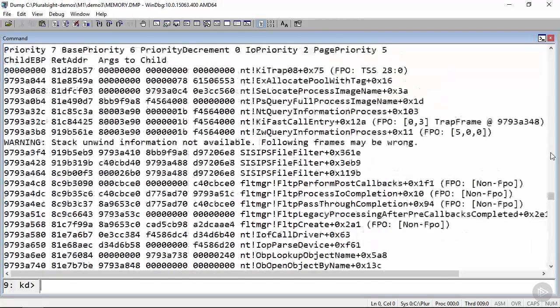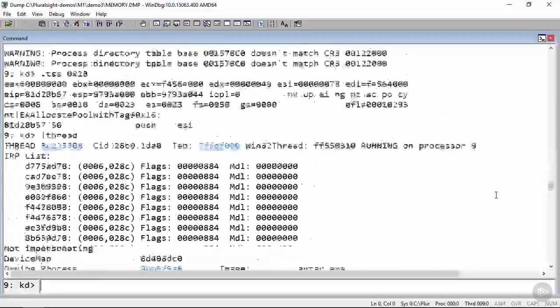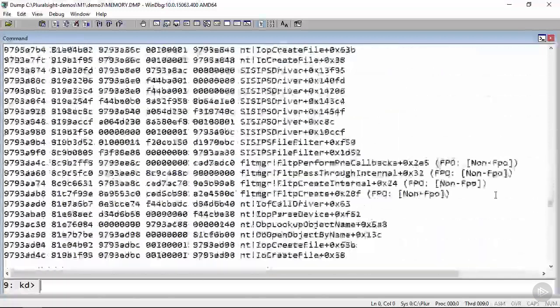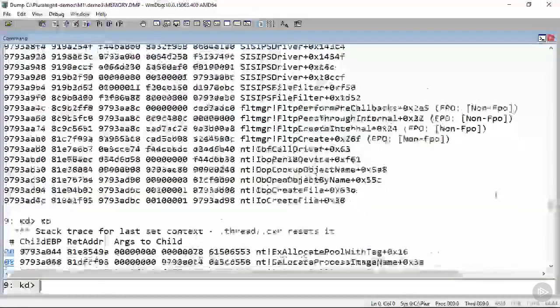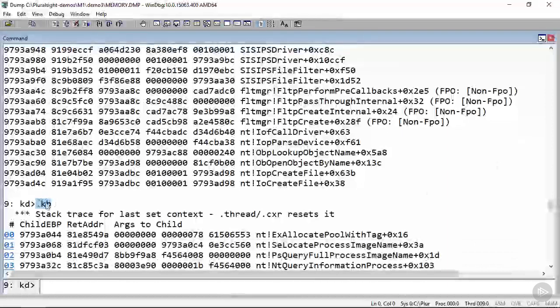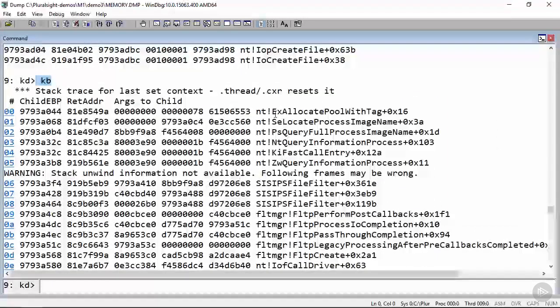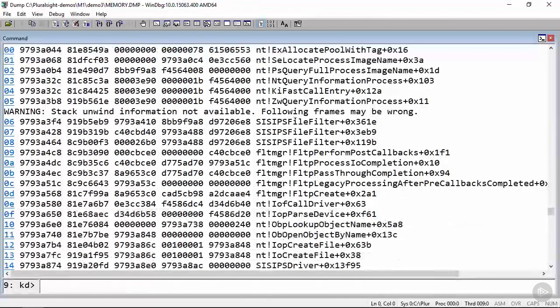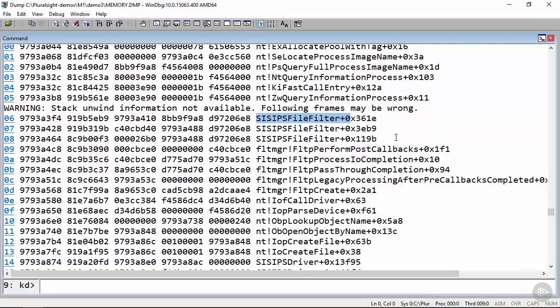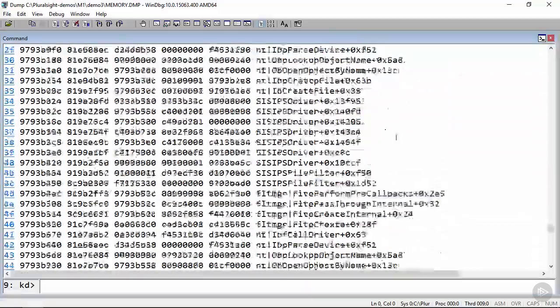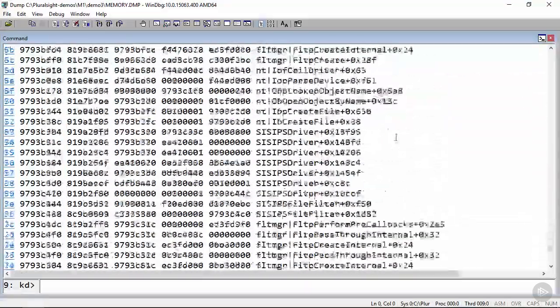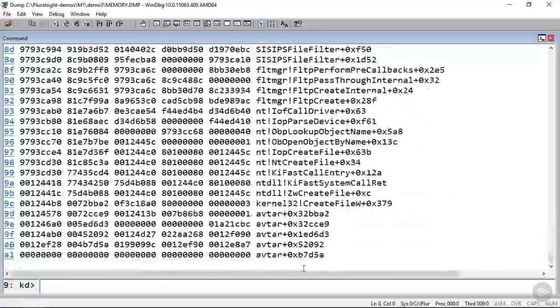If I were to scroll back, we can see here that I executed the command right here, and it showed me the stack that it was trying to allocate pool with tag, but before then it was doing a whole bunch of other stuff, namely in this SIS IPS file filter driver. So if we start reading the stack from the bottom up, let's get an idea of what it's doing.